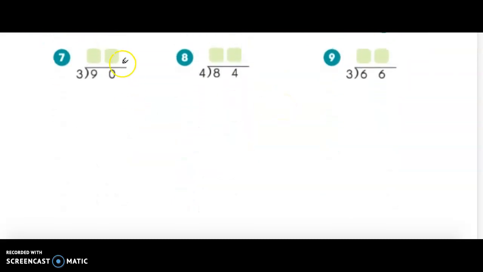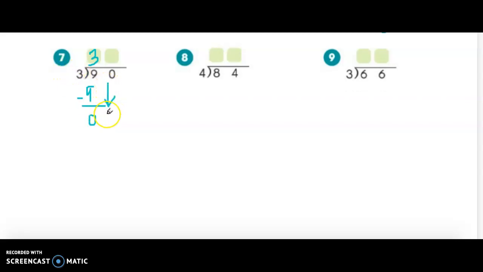Now, eventually they will start not having those blocks for you, so you have to kind of run through those steps by memory of what goes where. So, divide first. 9 divided by 3 is 3. Then we multiply. 3 times 3 to get 9. Serve, subtract. 0. Cheese, check. Good to go.